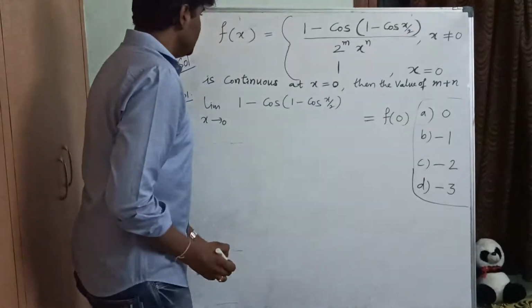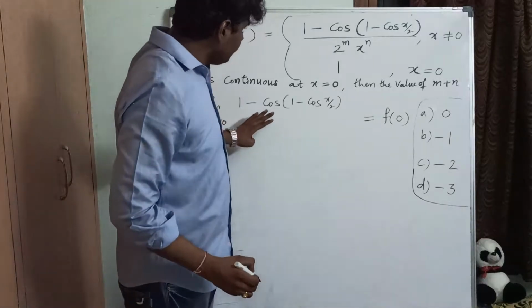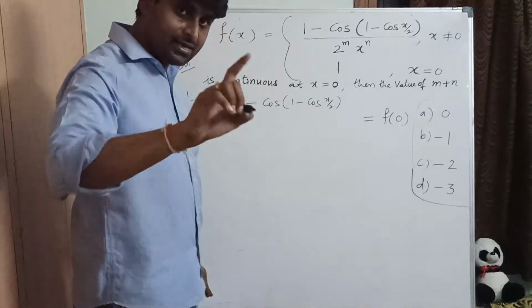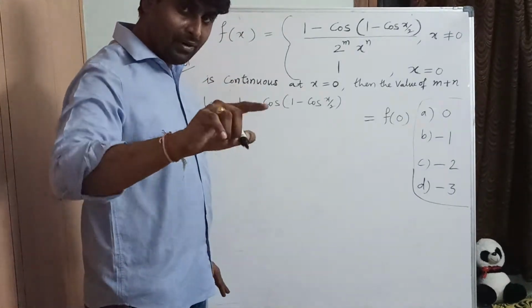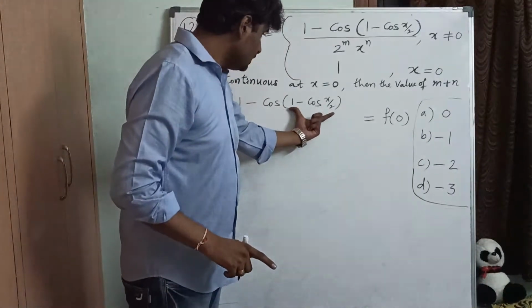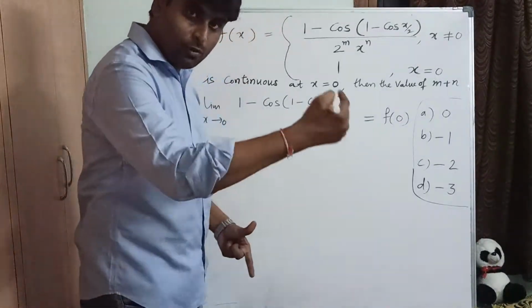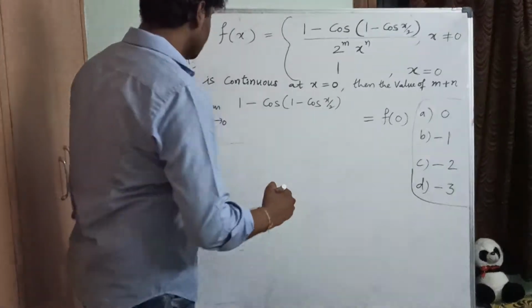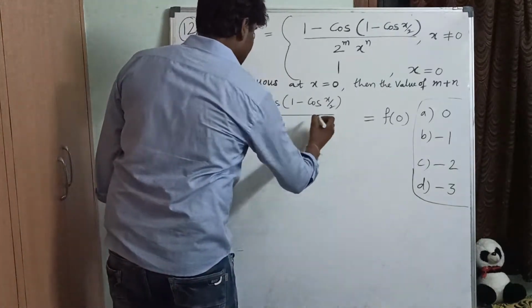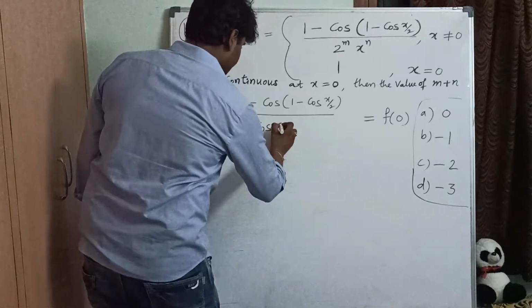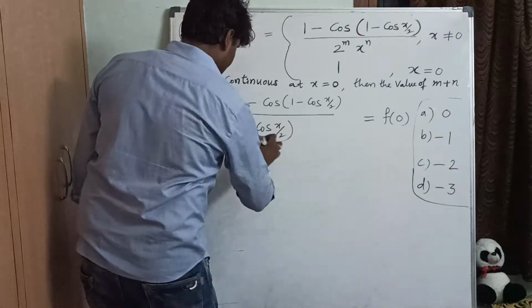To convert to the formula of 1 minus cos of something by that something whole squared, what do we have here? 1 minus cos x by 2. That (1 minus cos x)/2 whole squared I need to have in the denominator. So for that I am going to multiply and divide by ((1 minus cos x)/2) whole squared.